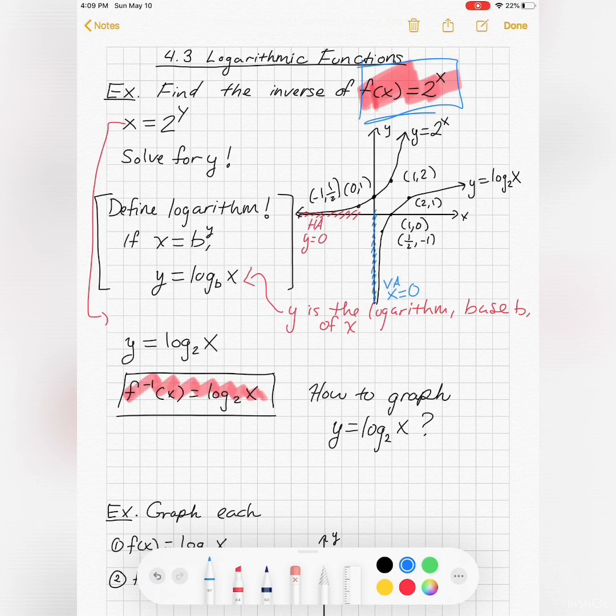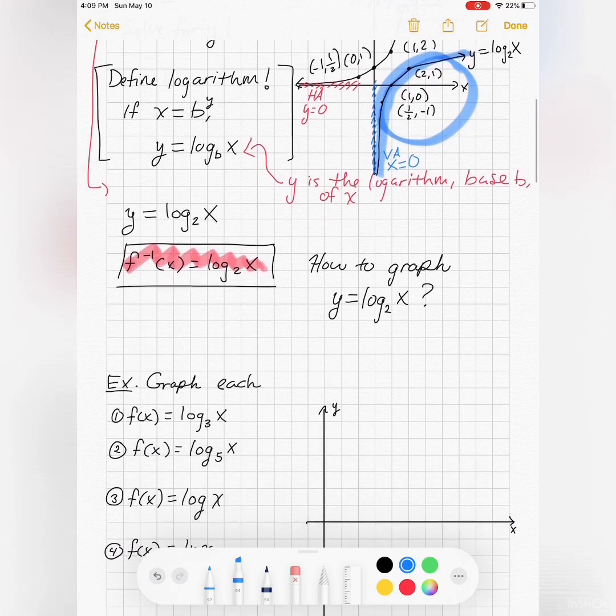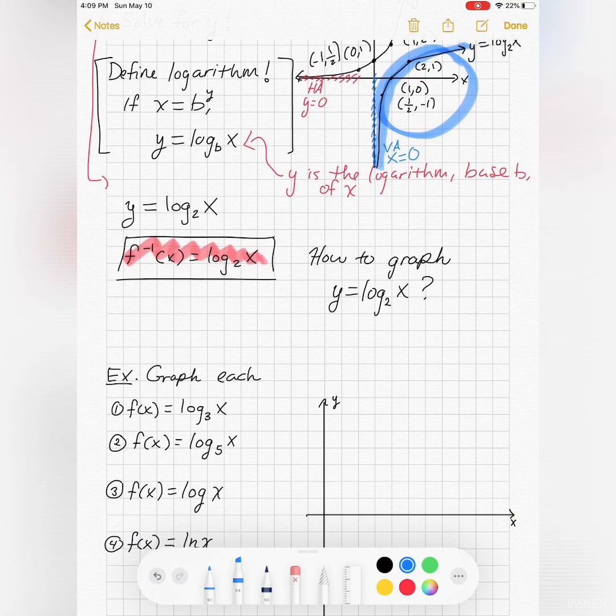Okay, so you kind of notice a pattern. If you look at this graph of this logarithmic function, notice a pattern with these points. Say you wanted to graph something like log base 3 of x. Well, look at this point over here. See, this is the base, comma 1. So wouldn't the point on this graph be 3, comma 1?